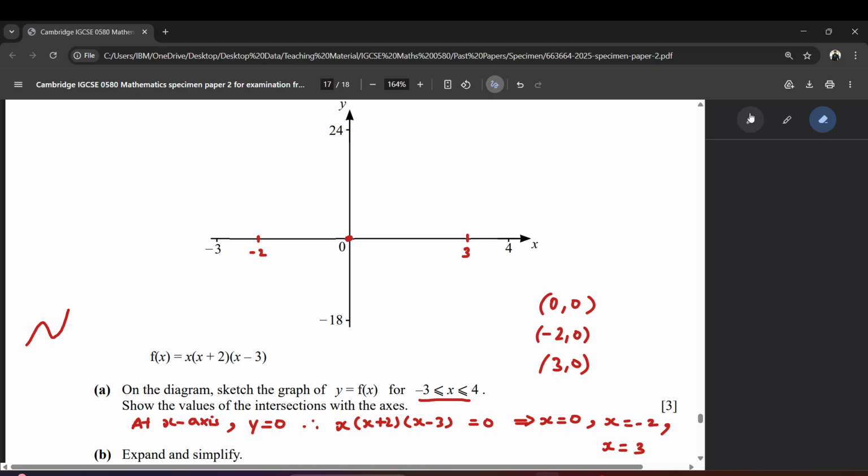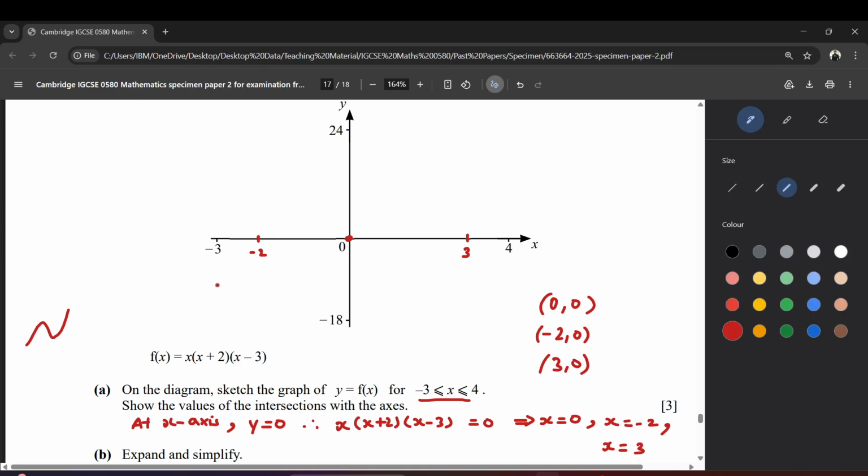Let me draw it one more time. And from here, something like this. So this is how your graph should look like.